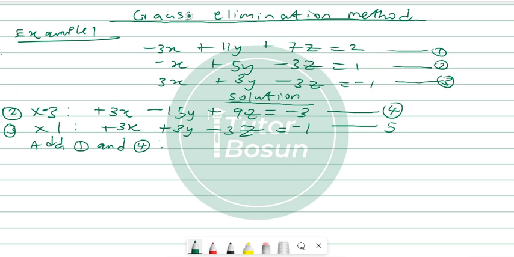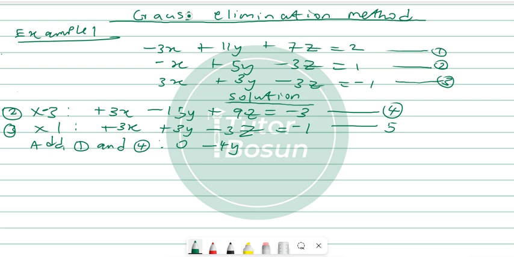So what do you have? We have 0 because x in equation 1 and equation 4 has been eliminated. When you add 11y with minus 15y, you are left with minus 4y.